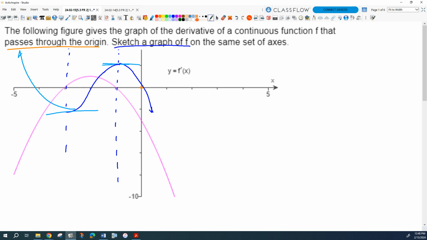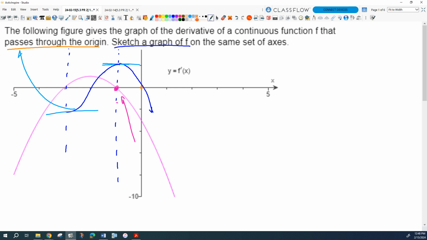Okay. So you guys tell me then, let's look at these points. How about this place right here, that point? Do you see why just looking at that derivative function, you could conclude immediately that that has to be a relative maximum? Because the derivative function is transitioning from positive values to negative values through a 0.